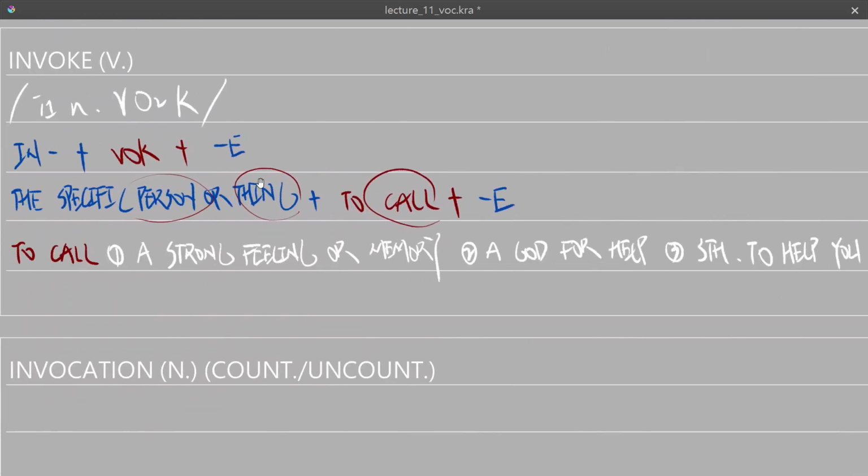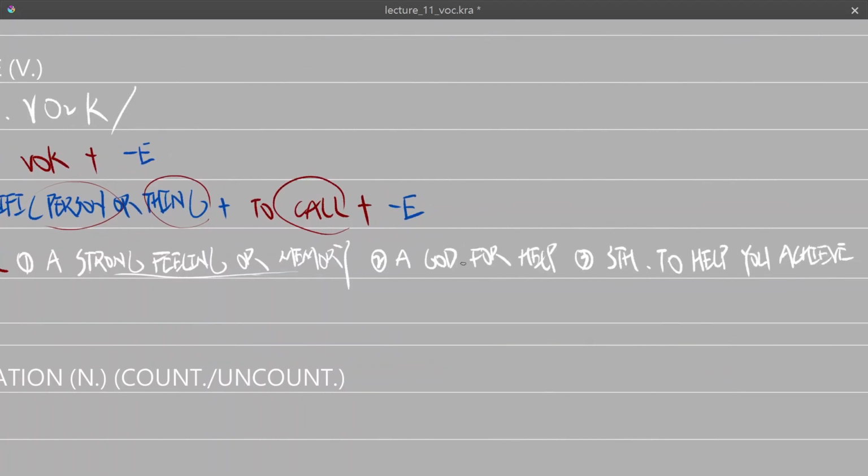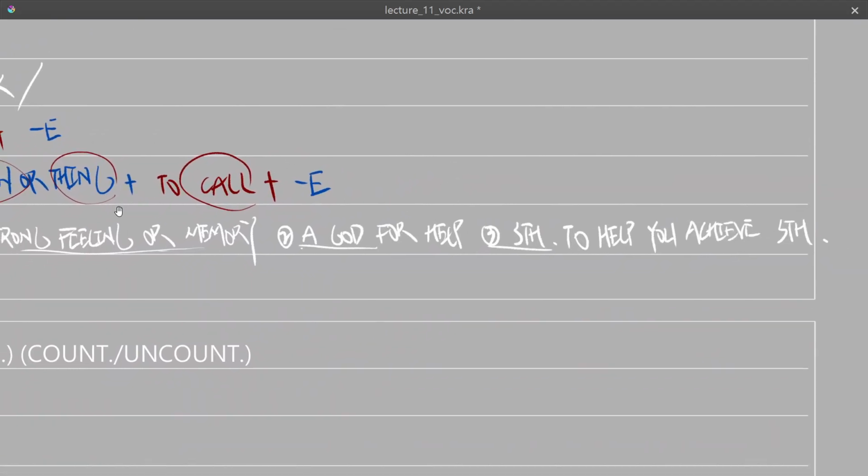Cool. So we could call a strong feeling or memory, we could call a god, or call something to help you achieve something.